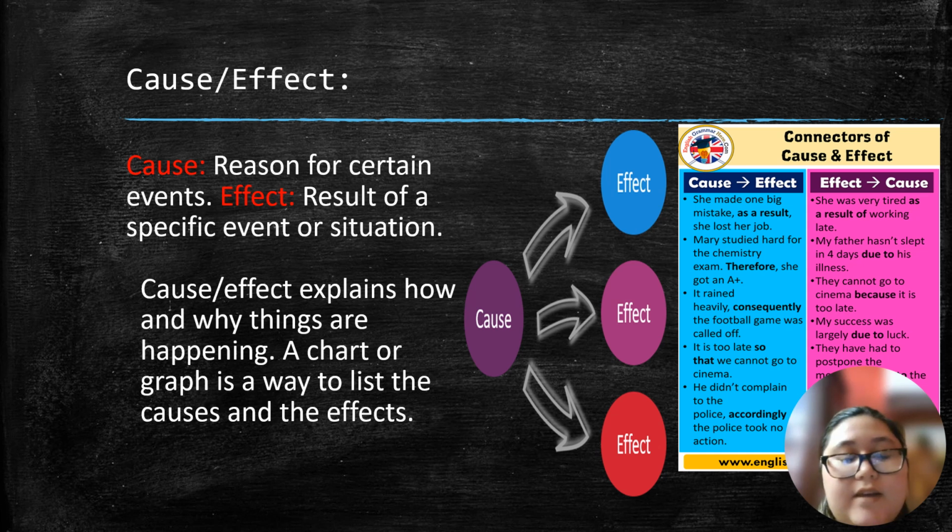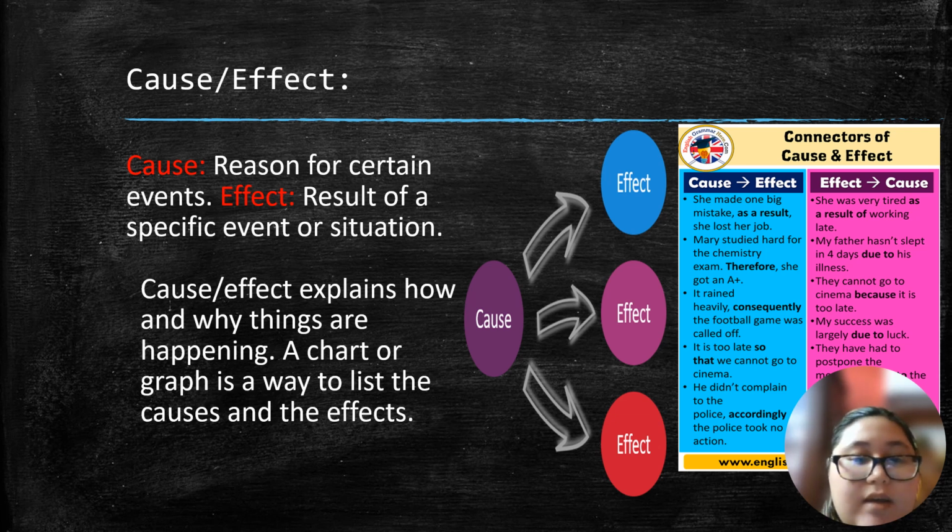Okay, on to our next slide. Cause and effect. Cause is the reason for certain events. Effect is the result of a specific event or situation. Cause and effect explains how and why things are happening. A chart or graph is a way to list the causes and the effects. Here is a graph showing you how you can write it down.